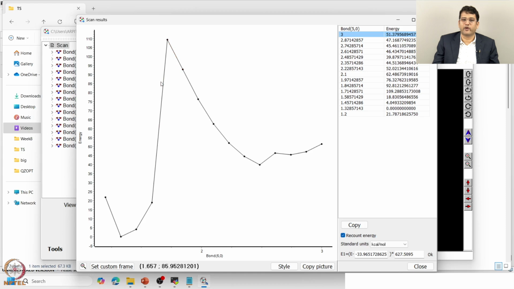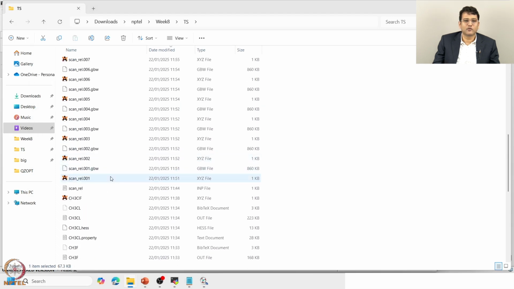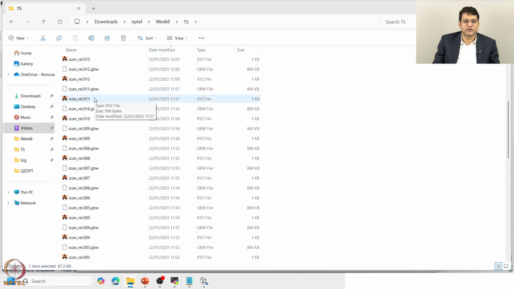That means this is point 11. So this point is actually point 11, because if you start here, this will show as 1. So now let us go and open the point 11.